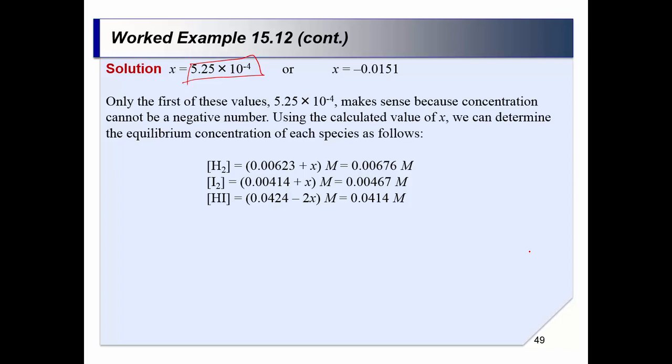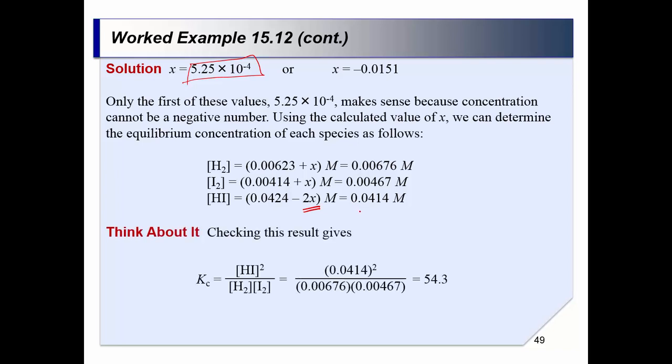And then our HI, again subtracting 2x to make the stoichiometry make sense, brings us down to a concentration of 0.0414. You can check your work by putting the equilibrium values into your K expression and double checking that you actually calculate your reported Kc.